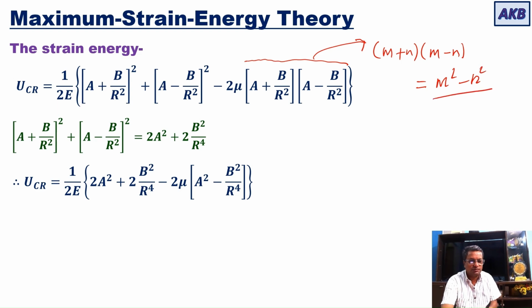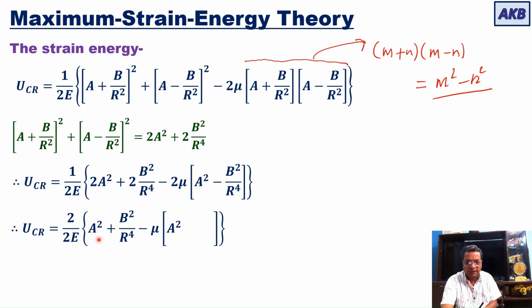So I have used this formula over here. That is, you get A square minus B square upon R raised to 4. Therefore, UCR is equal to 2 upon 2E into (A square plus B square upon R raised to 4) minus mu into (A square minus B square upon R raised to 4).